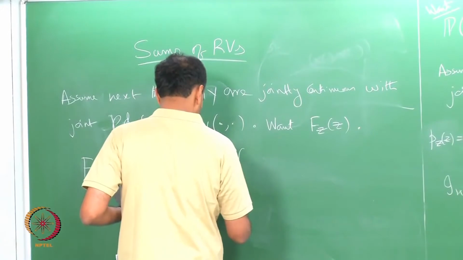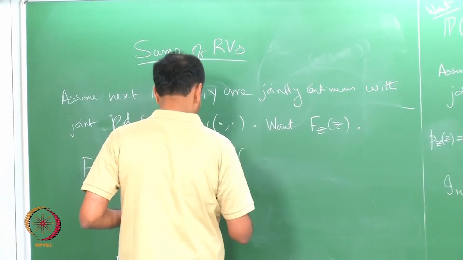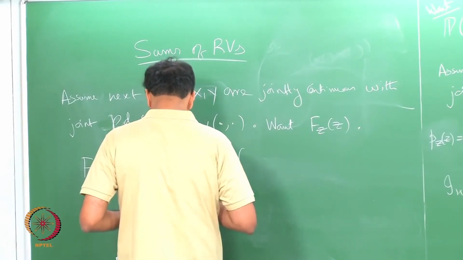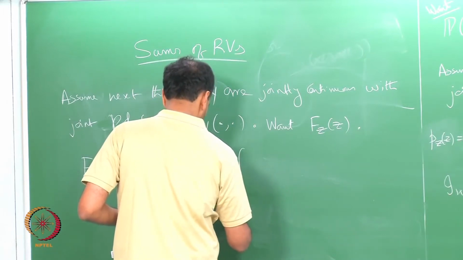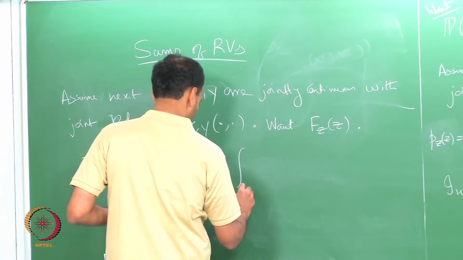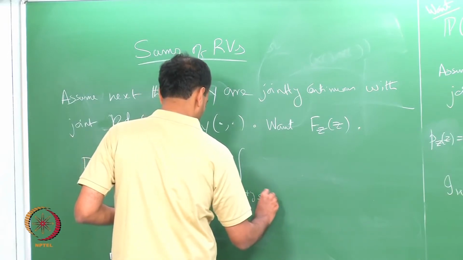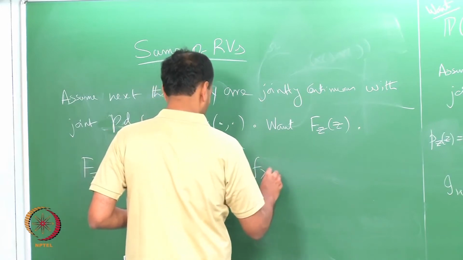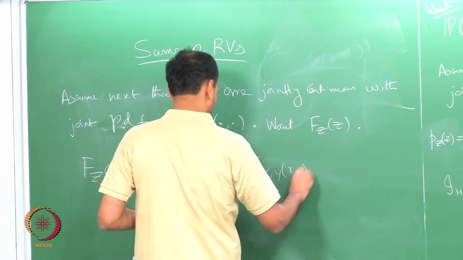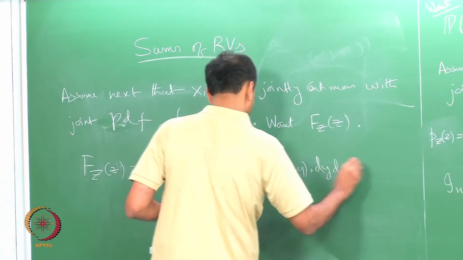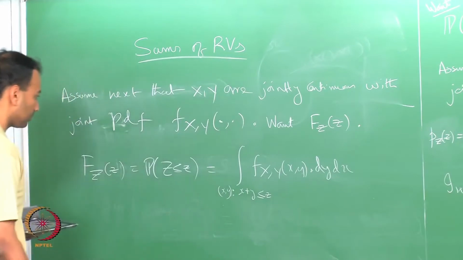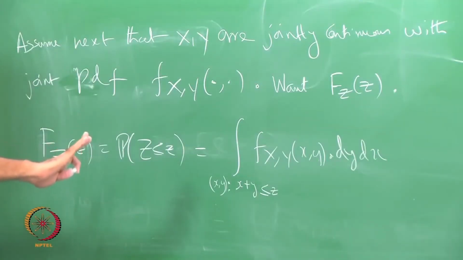So this will just be the integral over x, y such that x plus y is less than or equal to z of f x y of x, y, dy dx or dx dy, does not matter. This is Radon-Nikodym actually.